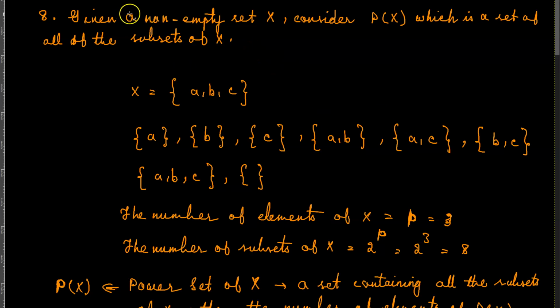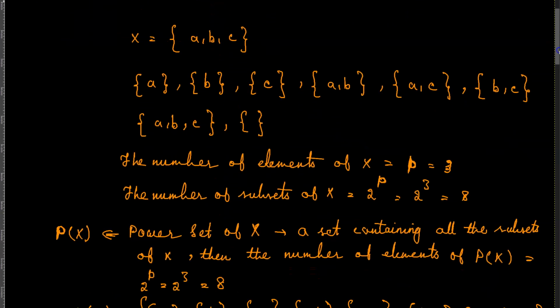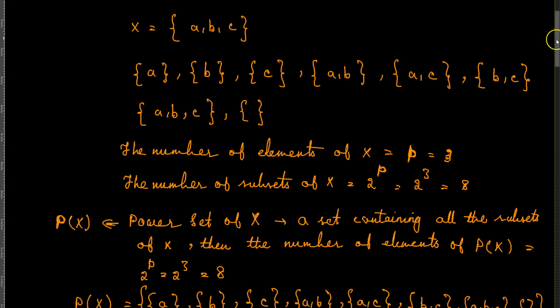So now that we have understood this part, we have a non-empty set X, and we are just considering the power set of that non-empty set, which is what we talked about here, right?